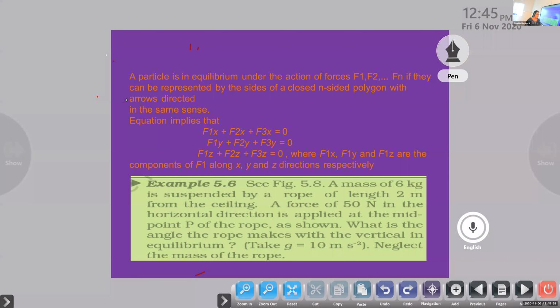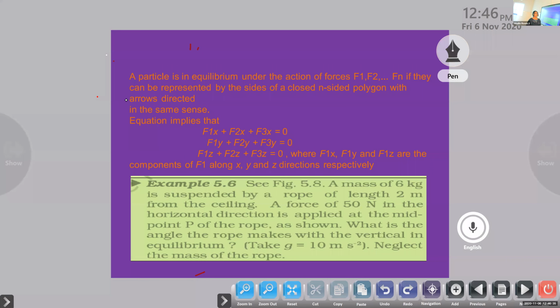Next line: What is the angle the rope makes with the vertical in equilibrium? Take g equal to 10 meter per second square.